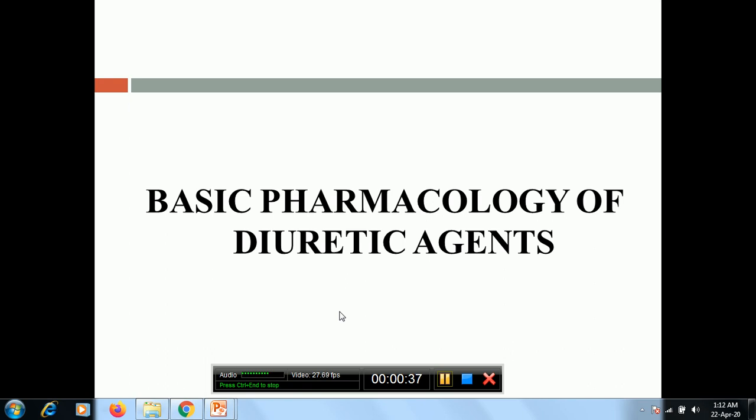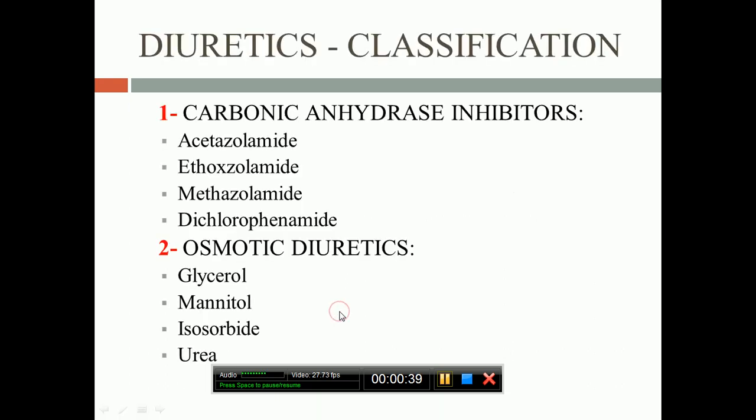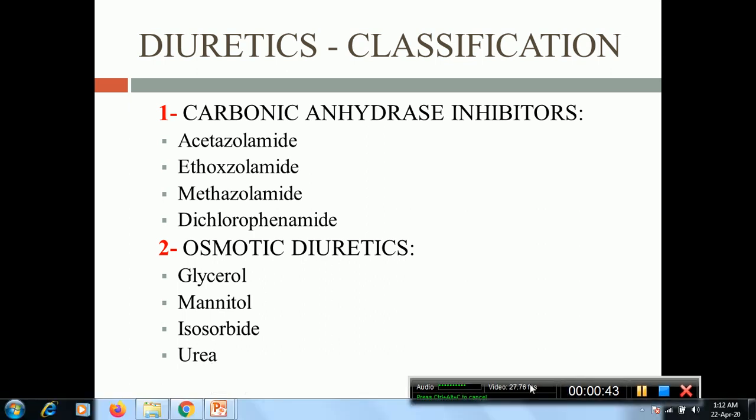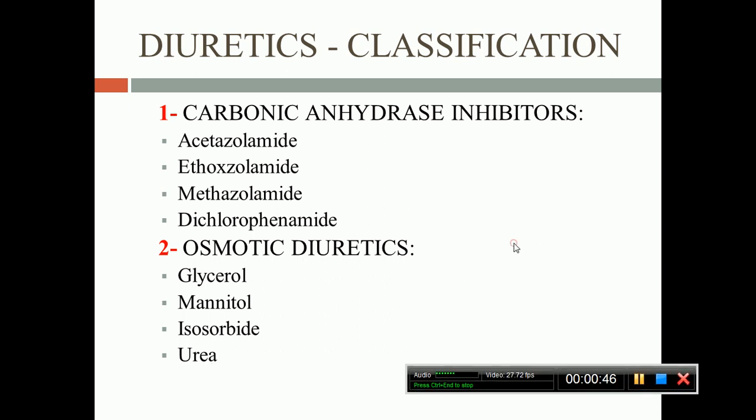So if we classify diuretic agents, we can classify them therapeutically into different classes. Number one is the carbonic anhydrase inhibitors. This classification is based on mechanism of action. Carbonic anhydrase, as the name shows, is an enzyme, so these drugs inhibit carbonic anhydrase.